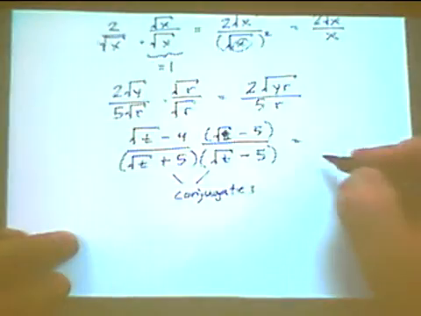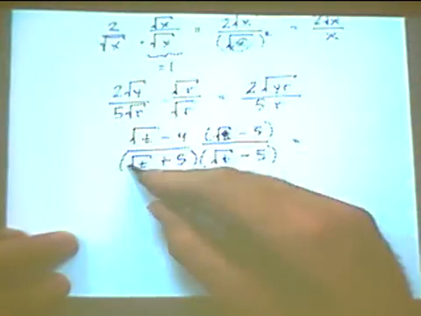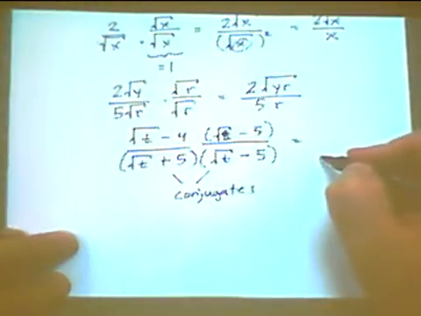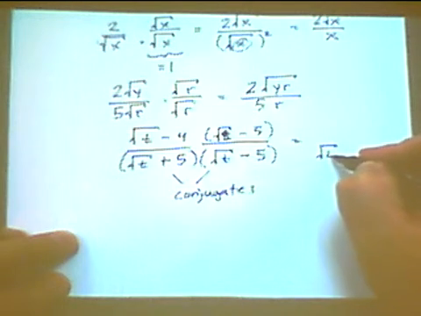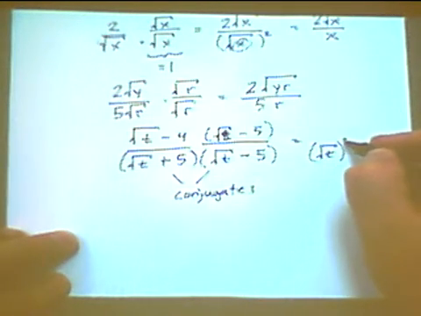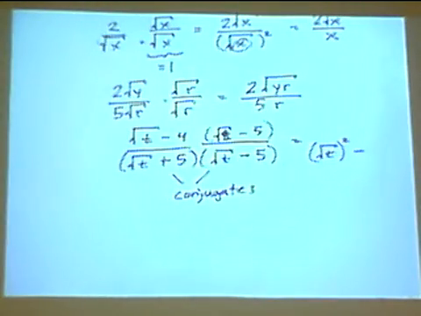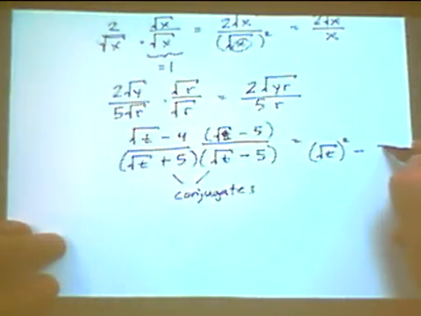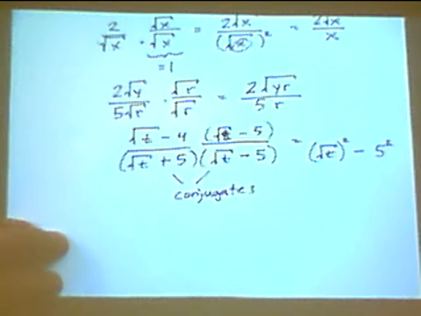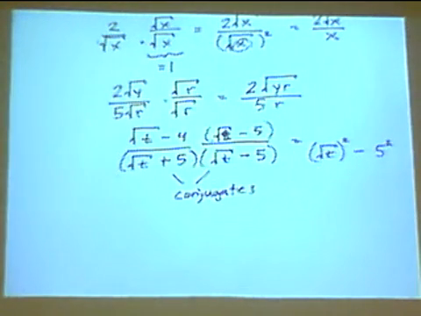You simply take the first term, which is the same for both parentheses, and you square it, and then you always put a subtract in the middle, and then you take the second term and you square it. So that's a shortcut to multiply conjugates. You square the first term, subtract, square the second term.